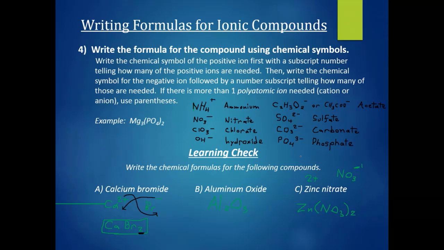Chlorate is ClO3, but it has a -1 charge just like nitrate, not in the same row and not in the same column. CO3 has a -2 charge, but it is way out there, you know? There's really no clear rhyme or reason to it. It's kind of all over the place.